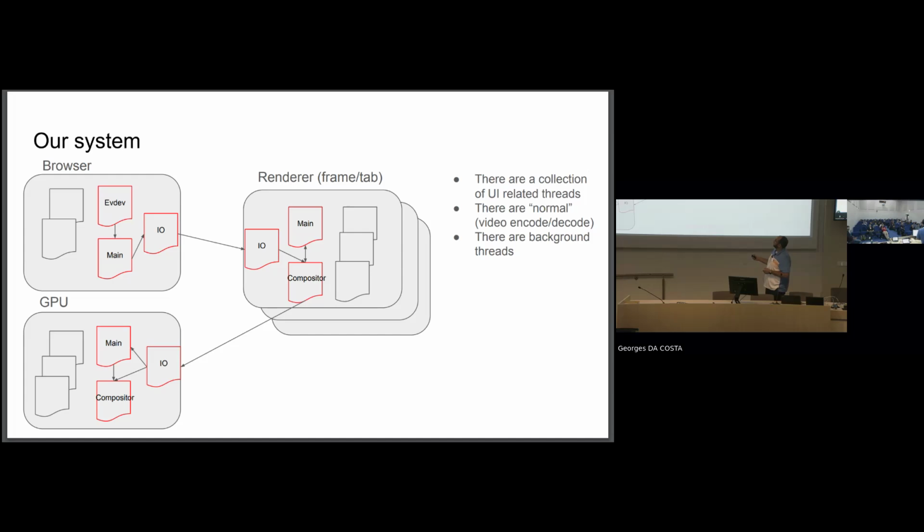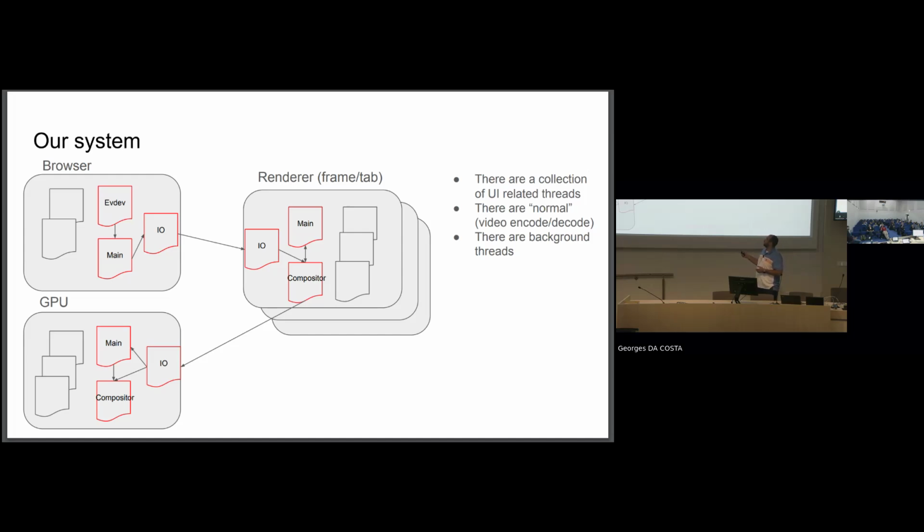From there, it moves to a compositor thread. Now, this thread can choose to handle the input itself, like if we're doing scrolling, for example. So it knows how to handle that input by itself without going to the main thread. The main thread is where the JavaScript and all the web application will run. So if it doesn't know how to process the input itself, it'll go to the main thread. That's where the JavaScript handles the input.